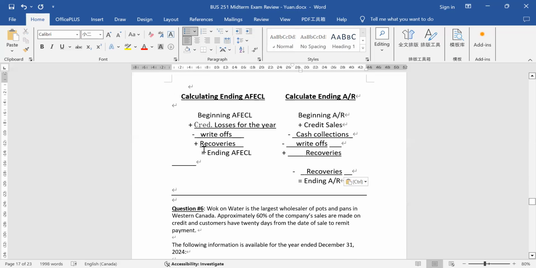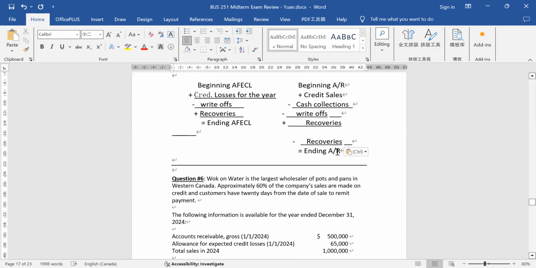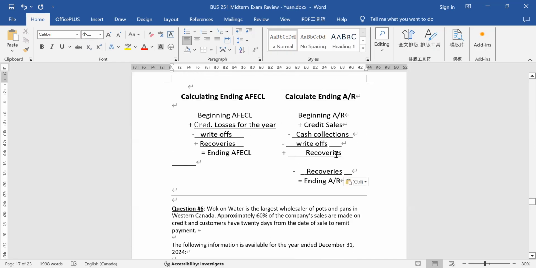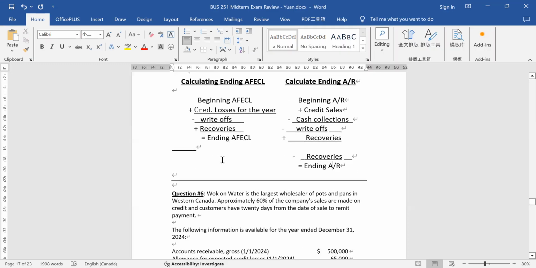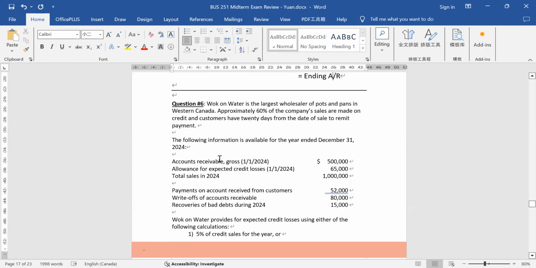In the previous method, you add the recoveries, but here you add it back and then you subtract it. And then you get the ending accounts receivable. This could look a little bit confusing, so we can just make a practice and we will have a better understanding.